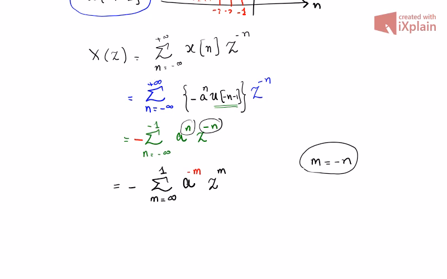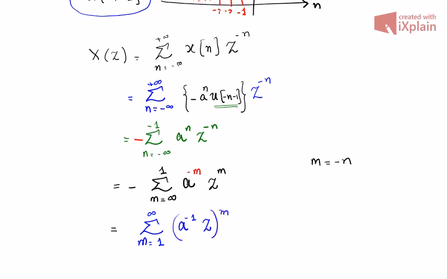Now we can rewrite this summation as the sum from 1 to infinity of a raised to the power minus 1 and z, whole raised to the power m. Right, so this is our X of z.